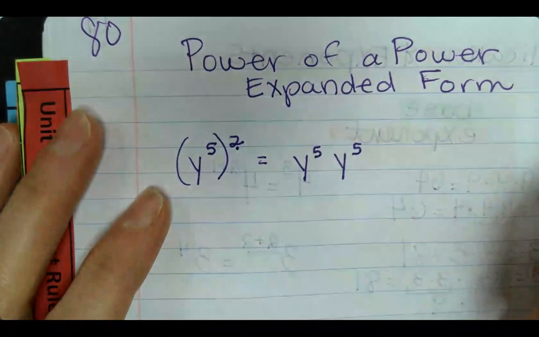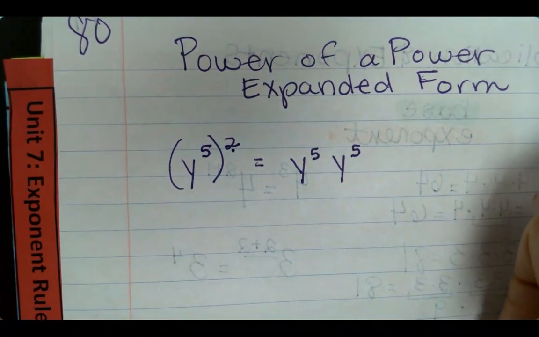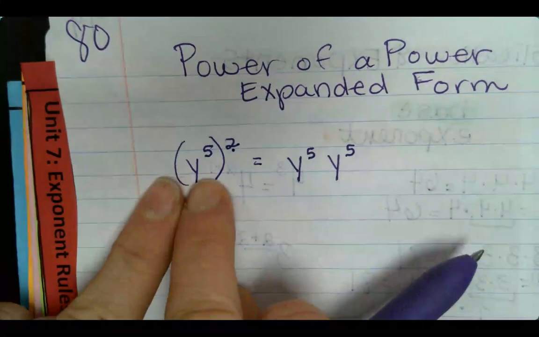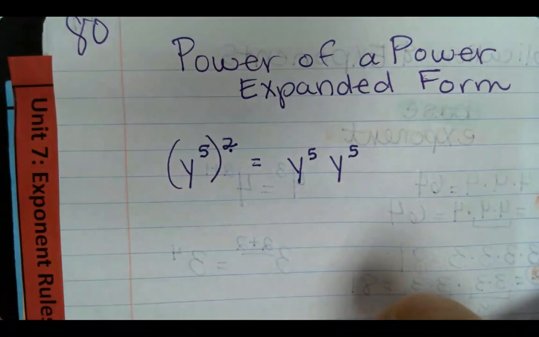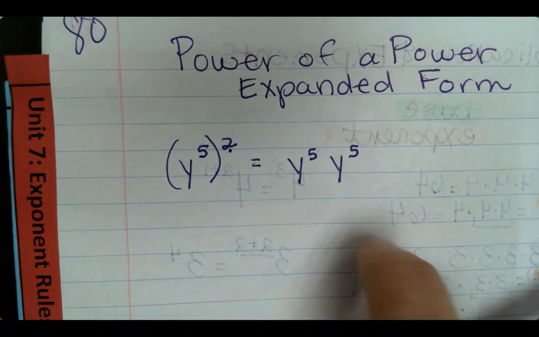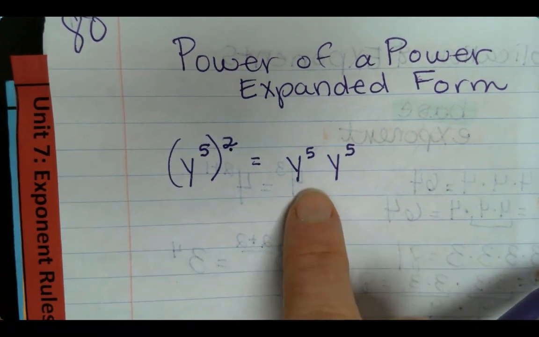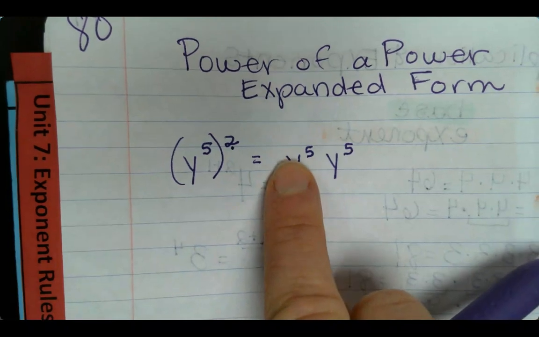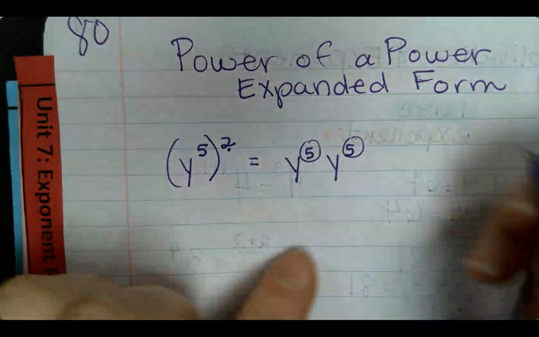y5, because there's 2 of them because it's squared. Y to the 5th power squared means this whole thing is going to be listed out twice and multiplied. You don't have to put the symbol, the dot or anything, because that automatically means multiplication. So now when we have like bases, we're going to add those exponents.